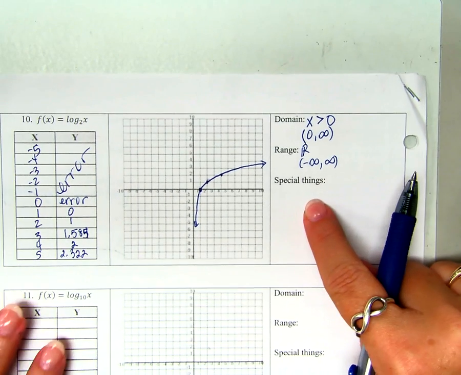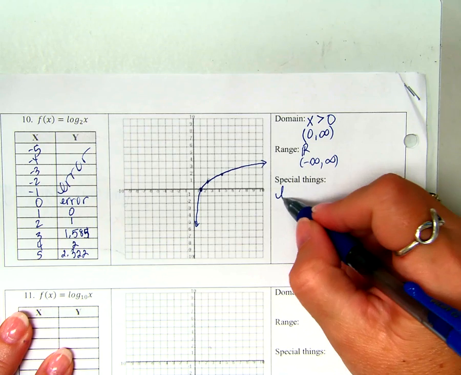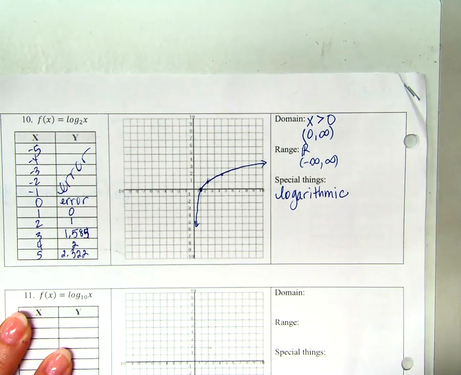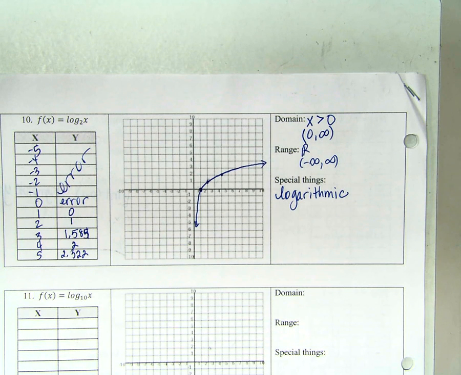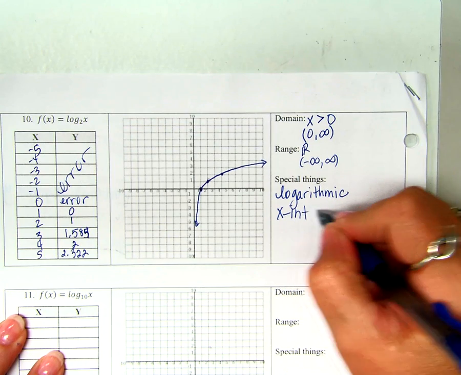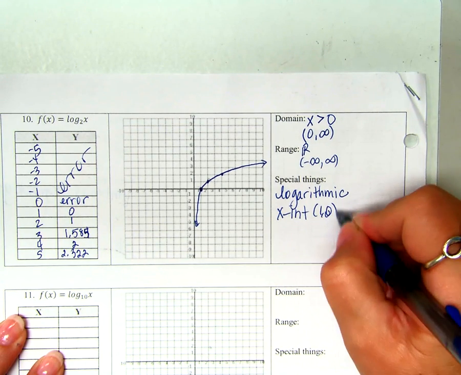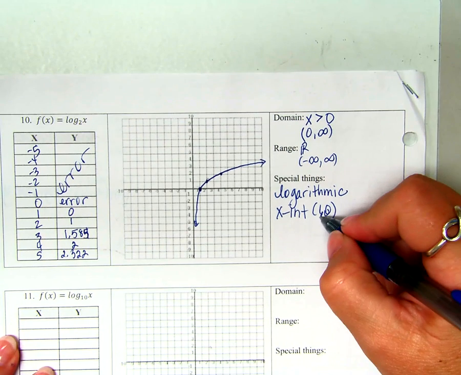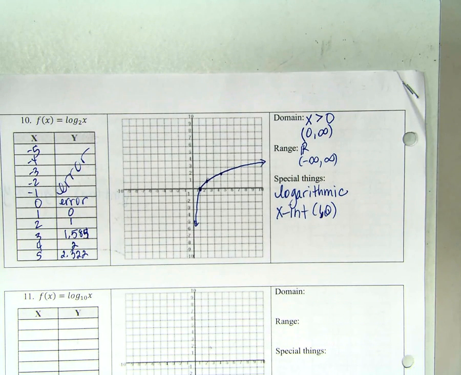So, first of all, what's this called? Logarithmic. X and Y-intercepts? X-intercept is at (1, 0). Whoop. There's not a Y-intercept. Symmetry? No symmetry. Minimum?